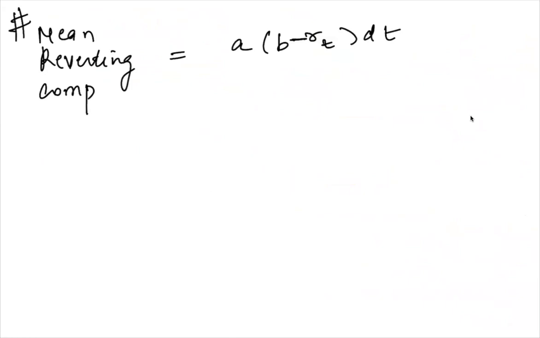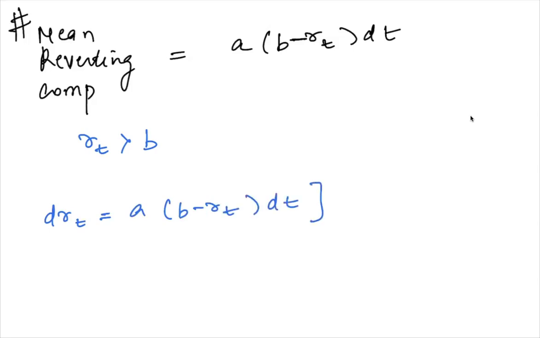When RT is greater than B, what will happen? Let's assume that dRT is equal to A times (B minus RT) dt. Let's just consider the deterministic part for now, and leave the sigma dWt aside for a moment.